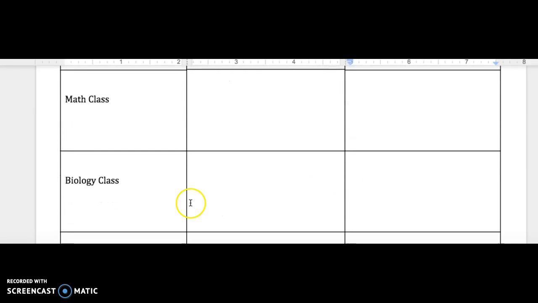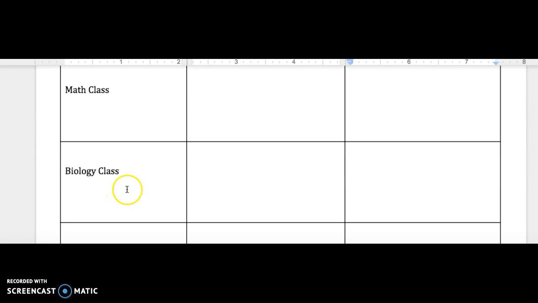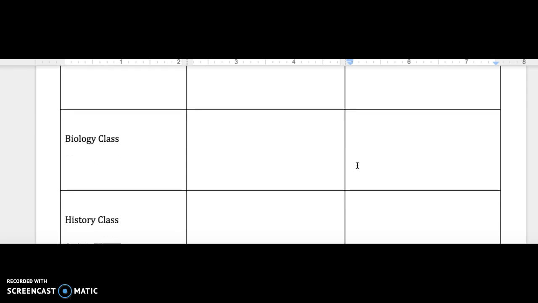Then do a brainstorm for biology class, and the same thing. Maybe you read some sciencey texts. You could put some of the topics you read about, or you have read about recently in biology class, and then some of the reasons why those texts could be hard to read and comprehend over in the far right column.